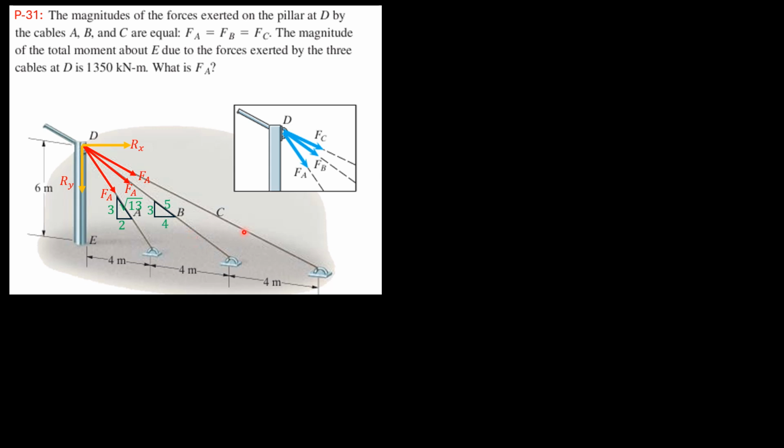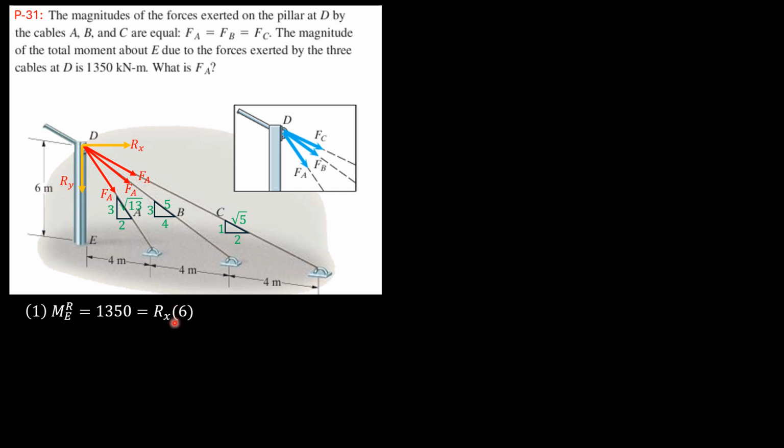Then lastly, for FC, which is also equal to FA, 12 horizontal, 6 vertical, which can be reduced to 2 horizontal, 1 vertical, then square root of 5. So the moment at E, clockwise, 1350, equals Rx times moment arm 6.